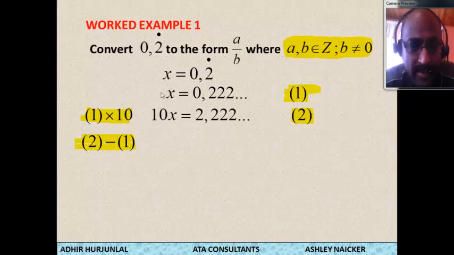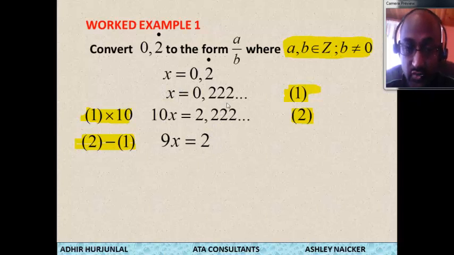10x minus x is equal to 9x. 2,222 minus 0,222 is equal to 2, and the decimals will cancel away. So I end up with 9x, which is equal to 2. Where did I get the 9 from? It's the 10 minus the 1. Where did I get the 2 from?